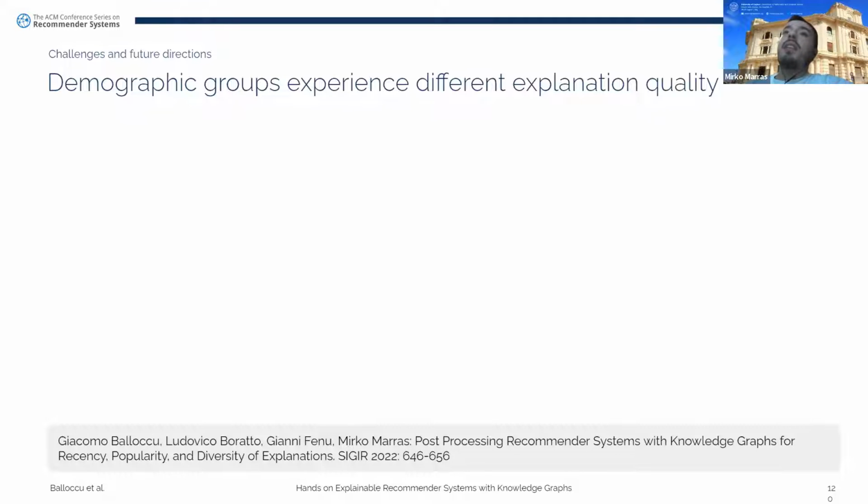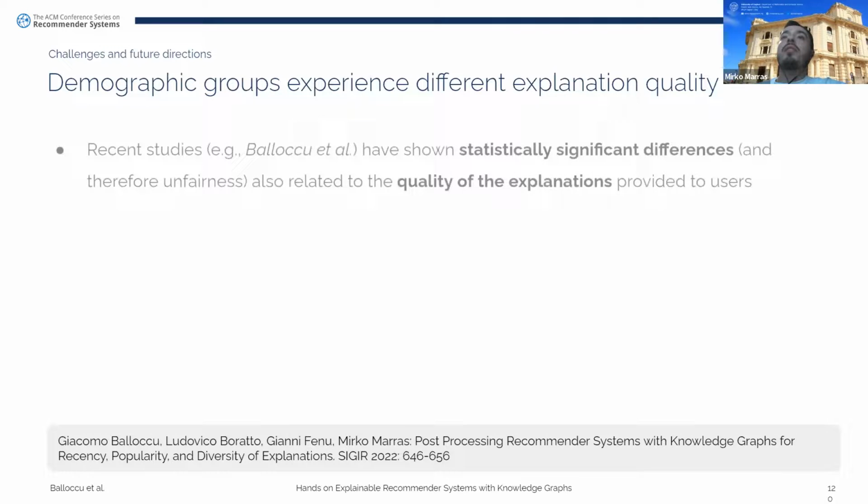As we highlighted in the explanation evaluation part, there is plenty of work starting to propose online and offline metrics for explanation quality evaluation. As these metrics have appeared, recent studies like the one we performed for CGIAR and its extension in the journal, for which you have the references in the slides, have also shown statistically significant differences and therefore unfairness related to the quality of the explanations provided to the users.